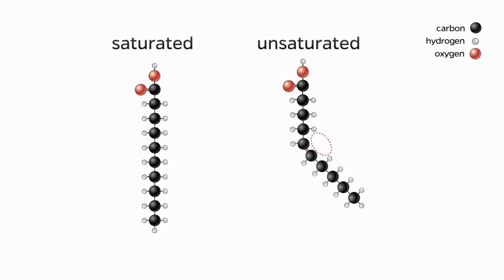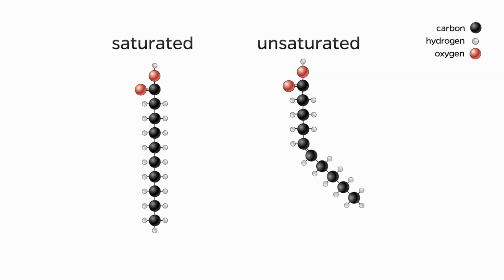Notice that it's almost as though the unsaturated fatty acids have additional spaces where hydrogen atoms could go. That's why they're called unsaturated, because they have room for more hydrogen atoms. In addition, observe that in these unsaturated fatty acid molecules the double bonds introduce bends in the molecular structure.